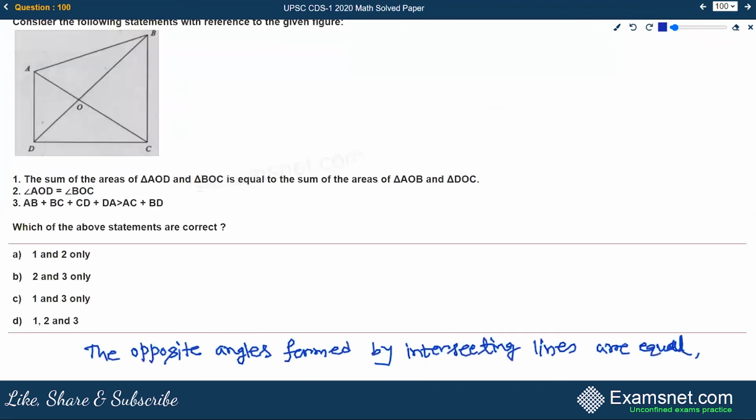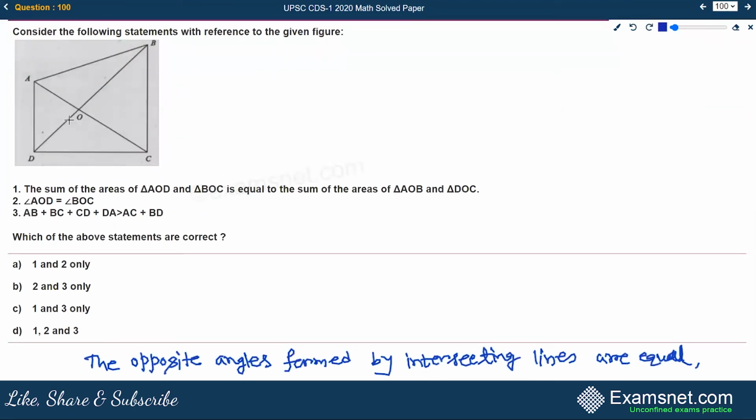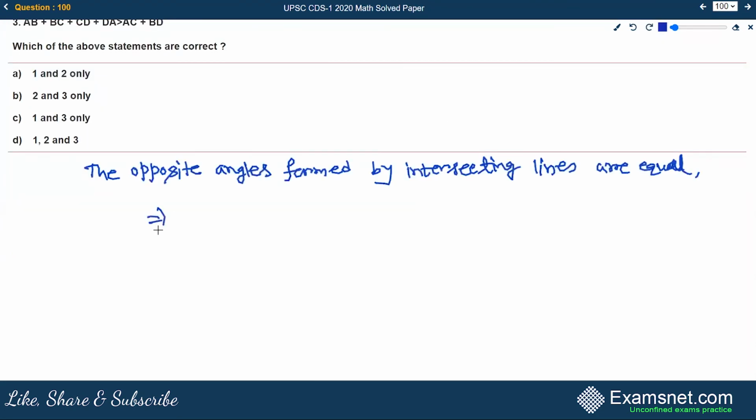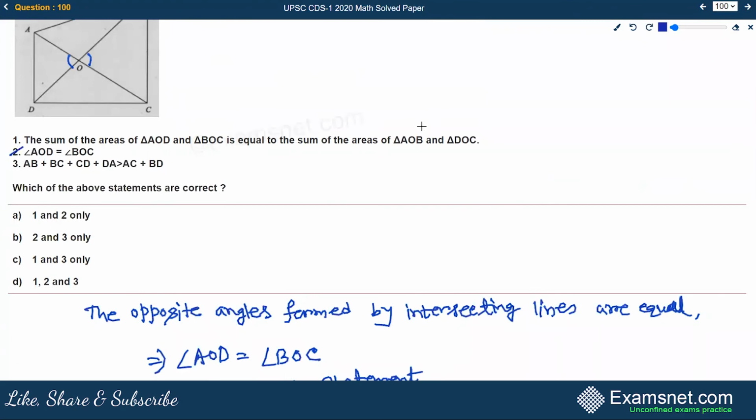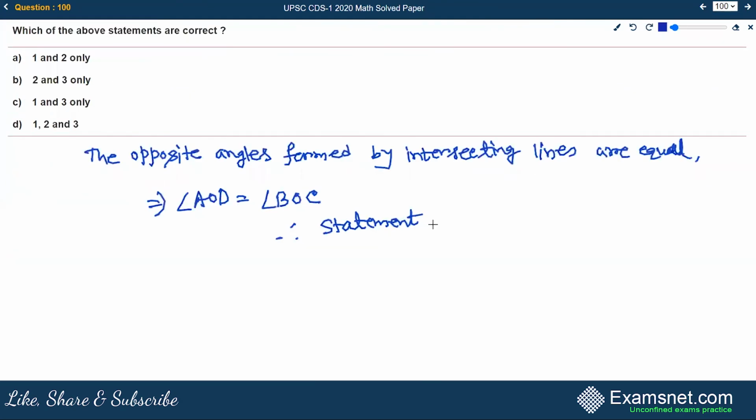Here we can see AC and BD are intersecting lines, so these two angles are vertically opposite. That means angle AOD equals angle BOC. Therefore, the second statement is correct.